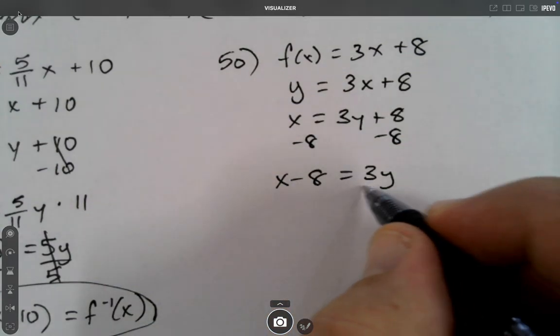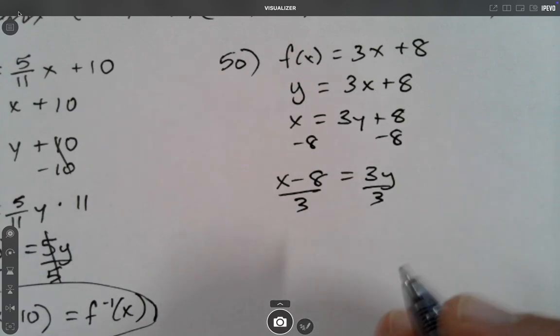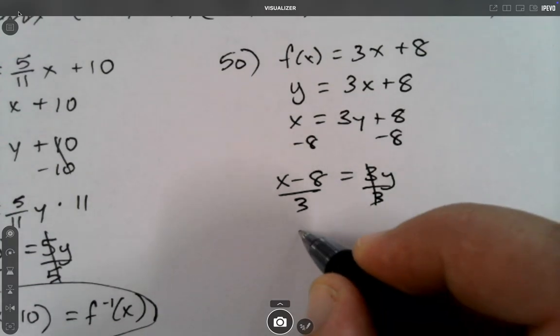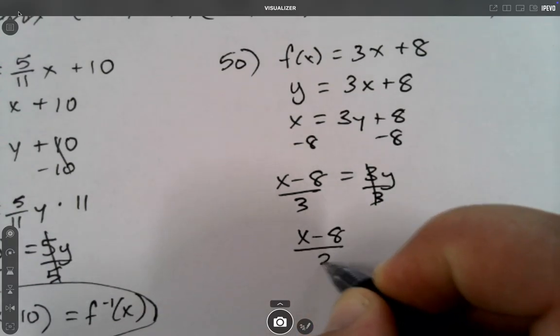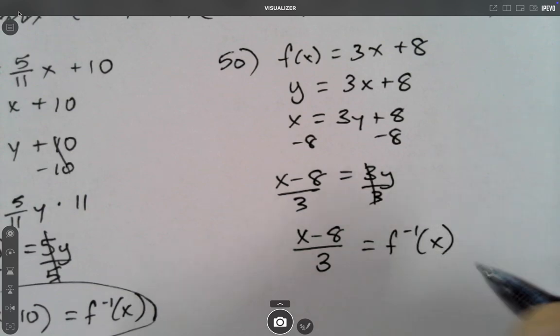Then I divide both sides by 3. Now you do have to put the whole thing over 3, because you're not just dividing x by 3, you're not just dividing 8 by 3, but you're dividing the whole thing by 3. And so for our final step, we change the y to the inverse of f of x.